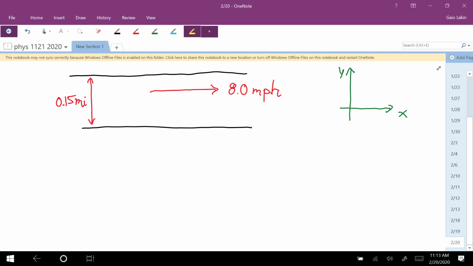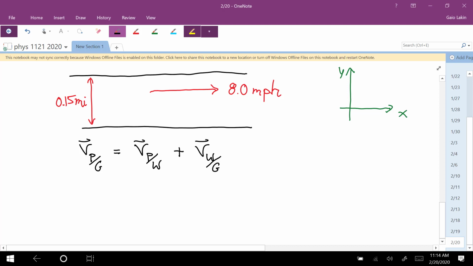Well, we know that the velocity of the person relative to the ground is equal to the velocity of the person relative to the water plus the velocity of the water relative to the ground.